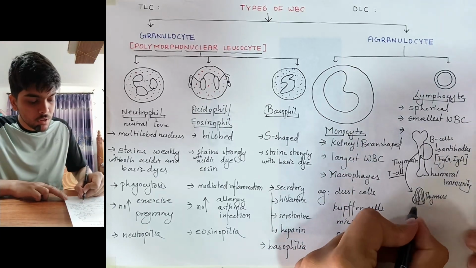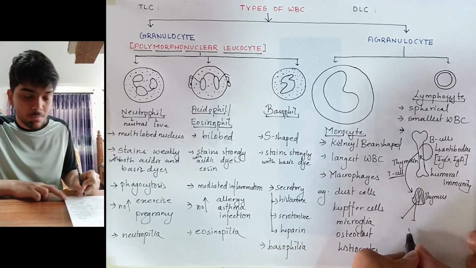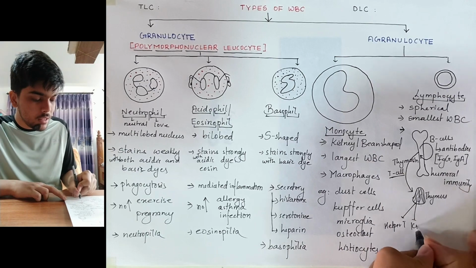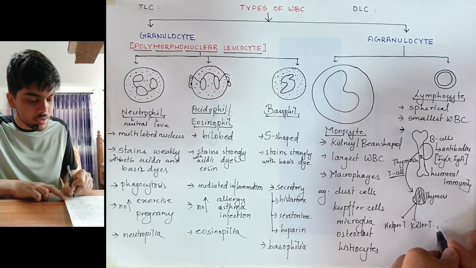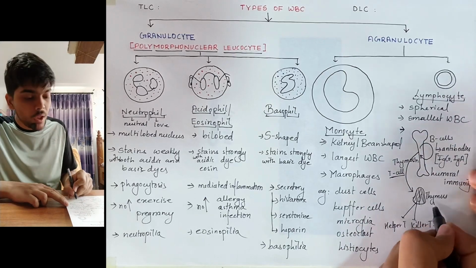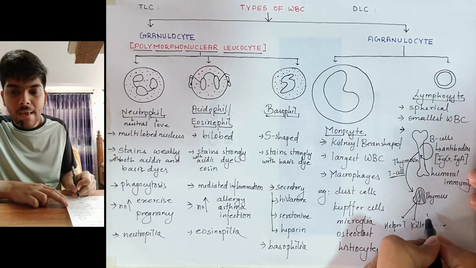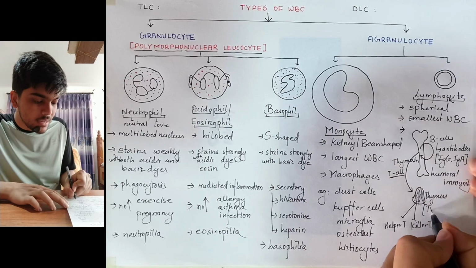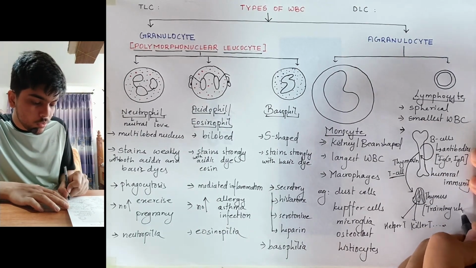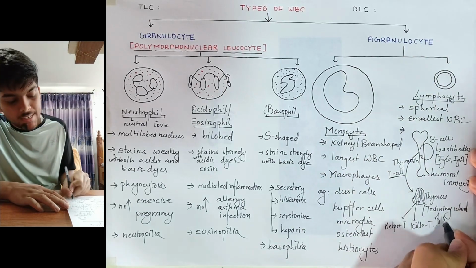Once they get matured, they form various types, such as your helper T cells, killer T cells, etc. There are other types as well. Since thymus is where the T cells differentiate and mature, it's also known as the training school of T cells.